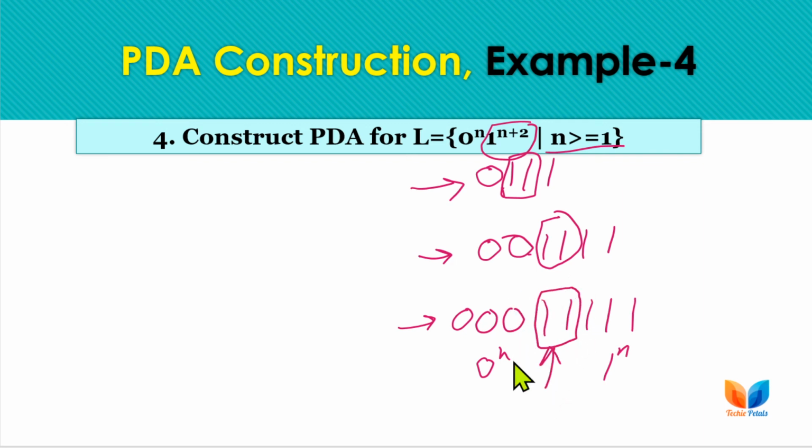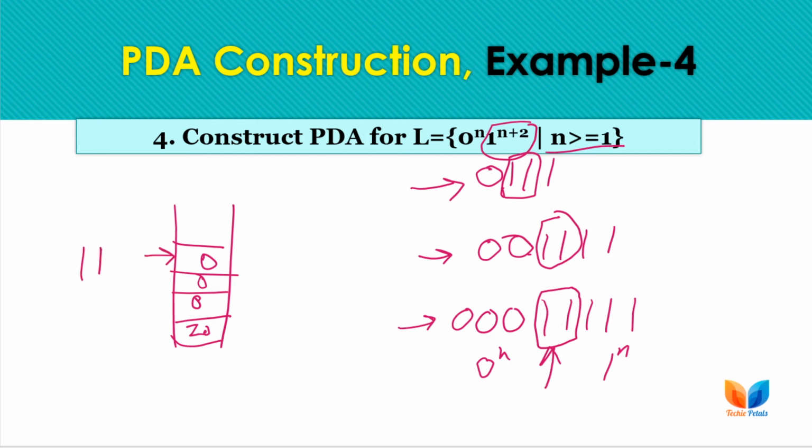Initially we have pushed 3 zeros onto the stack, with Z0 at the bottom. For the first one we keep the same stack top, and also for the second one we keep the same stack top. We are just changing the state. We make two transitions, one for each, changing only the state and not the stack top.